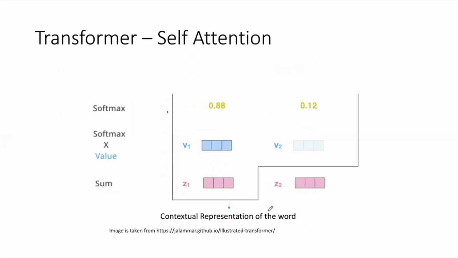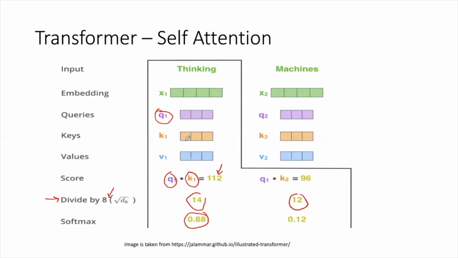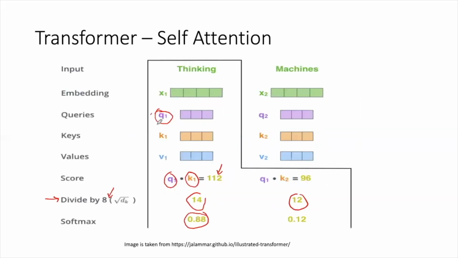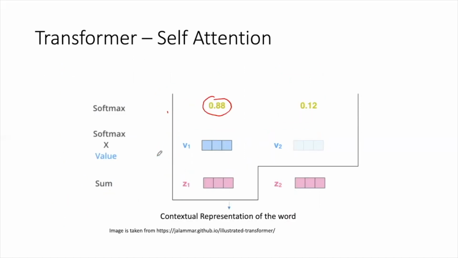So once we calculate the scores, our next step is that we multiply the scores with the value vectors. We once again saw that every word is associated with query, key and value vectors. So the value vectors that are present here, we multiply those. We do a scalar product of this value vector with the score. So 0.88 is multiplied with this. Similarly, 0.12 is multiplied with the second value vector. And once we multiply all of them, we add them up.